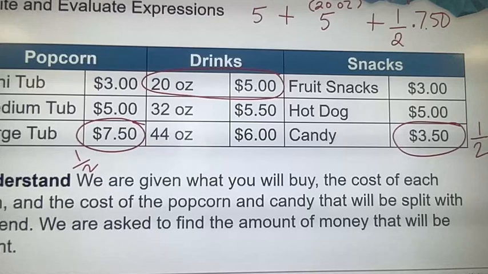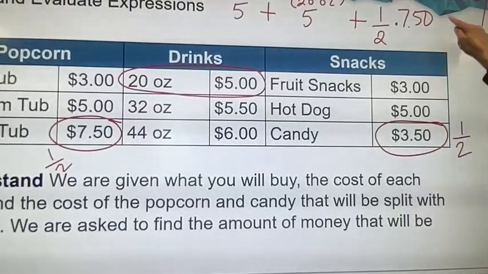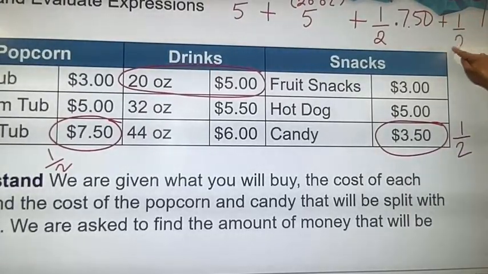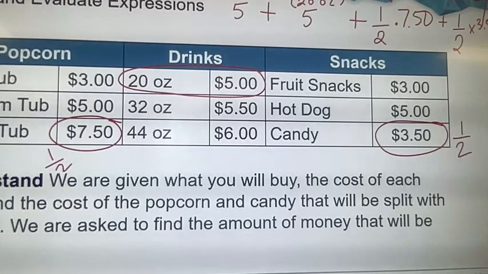And you are also splitting candy, so you are getting plus half of the candy price, which is $3.50. So plus 1/2 times $3.50. This is how you're going to first write it out, and then after that we are going to go ahead and solve this.